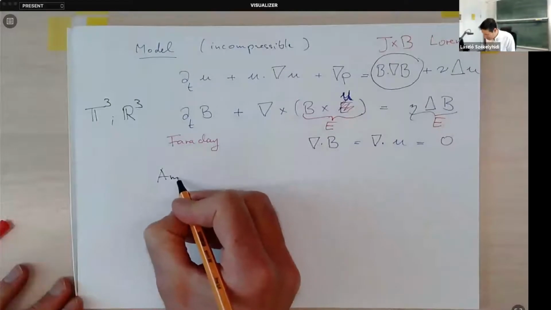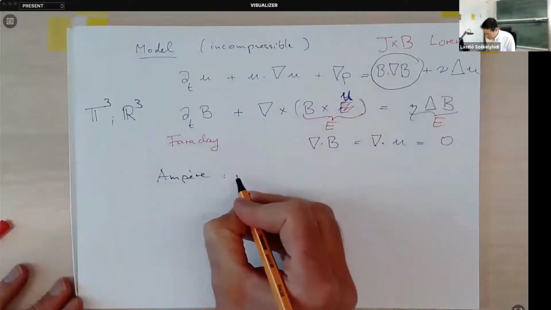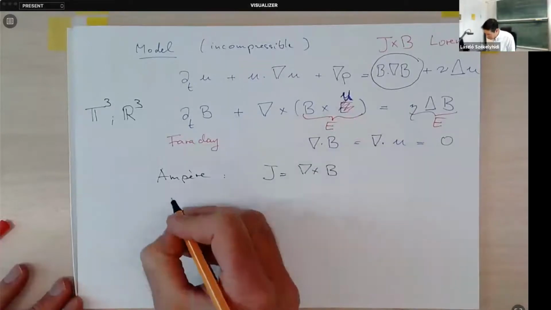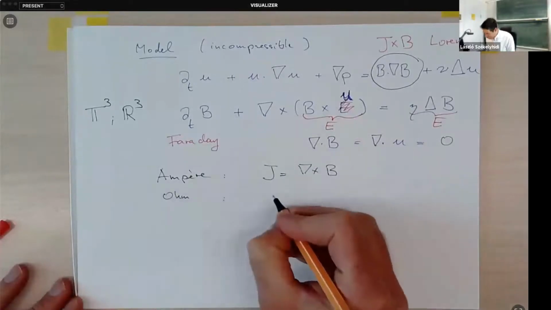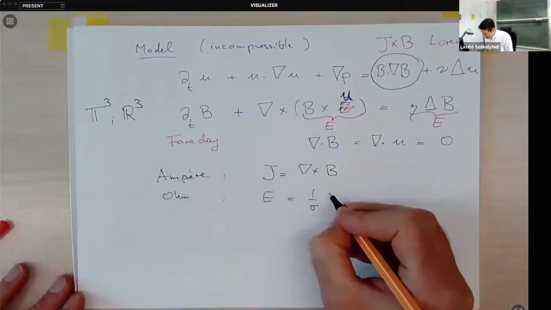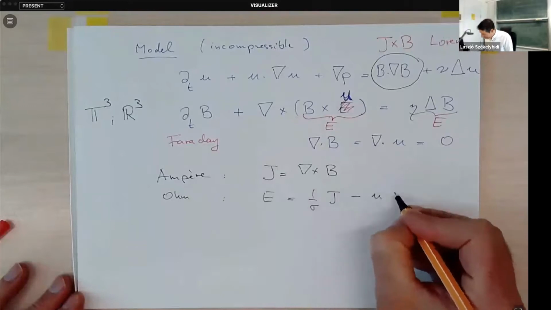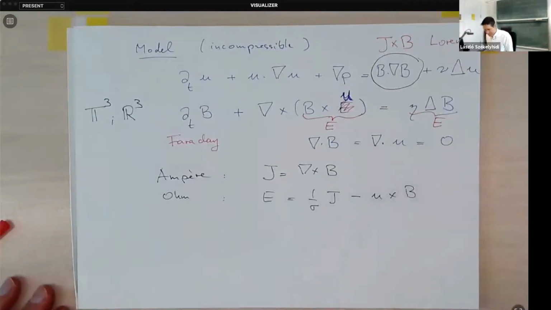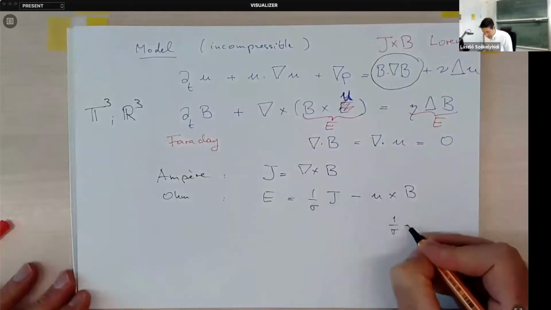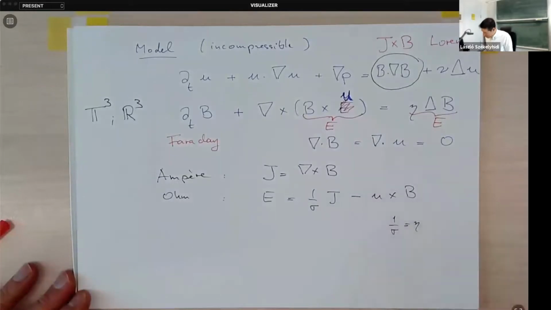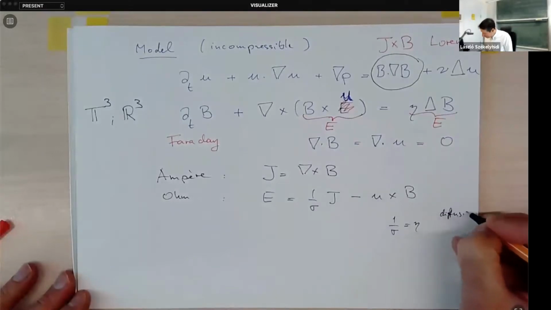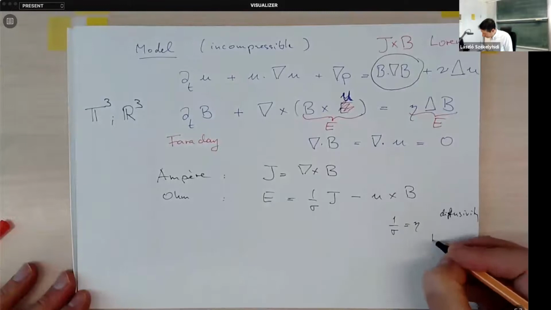One is Ampère, which is that the current is given by the curl of B, and the second one is Ohm, which is that E is equal to 1 over sigma, the resistivity, times J minus U cross B. And this 1 over sigma is eta, which is called the diffusivity, magnetic diffusivity, or resistivity.